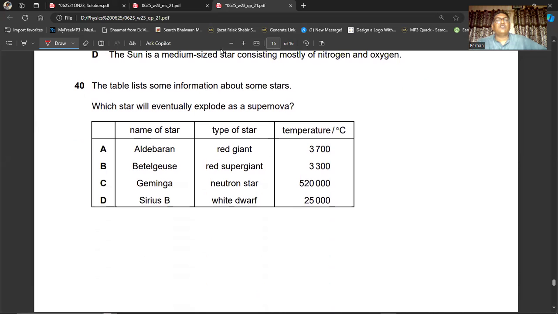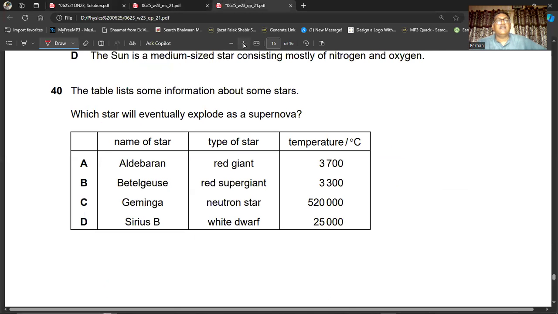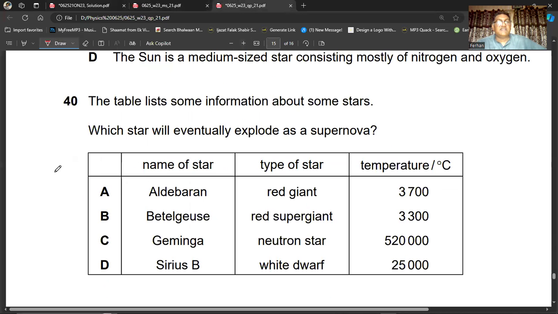Okay, then we have question number 40. We do not know about these stars, but we can answer this. The table lists some information about some stars. Which star will eventually explode as supernova? The star which is now a red supergiant, the next stage in the life of that star will be supernova.